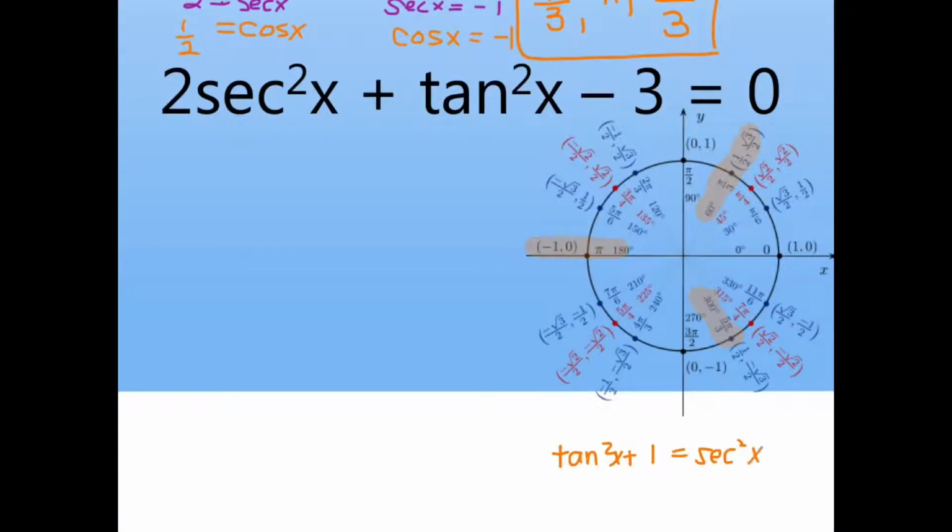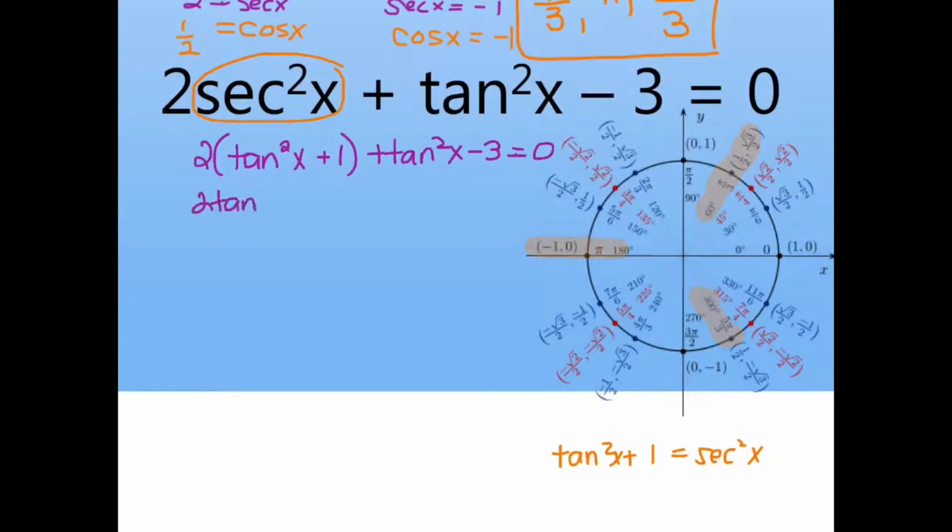So I can either replace the secant squared with the tangent squared plus 1, or I can replace the tangent squared with the secant squared minus 1. We're going to go with the first one this time. Again, it doesn't matter, but I'm going to replace the first one with tangent squared plus 1, and then plus tangent squared x minus 3. Then distribute the 2 into both the tangent squared and the 2.